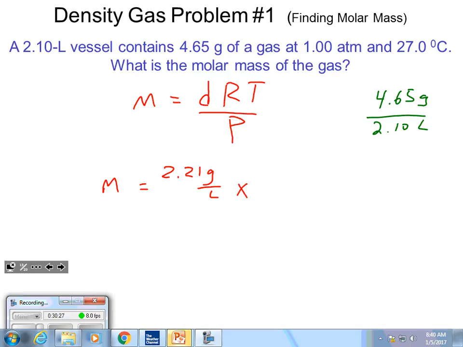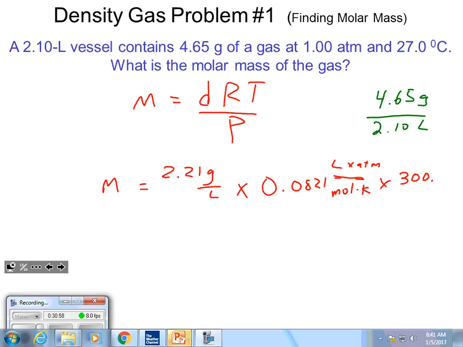My R is still my gas constant. And my temperature is going to be 27 plus 273.15.